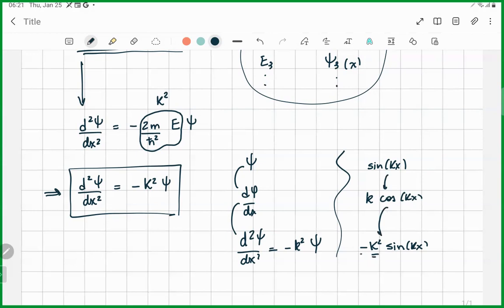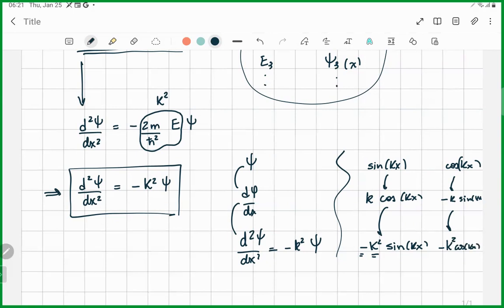Because it's a cosine derivative, I get the minus, so I recover minus k squared sine of kx. Another possibility could be cosine of kx. If I do the first derivative, I get minus k sine of kx. And then the second derivative, minus k again, k squared, and back to the cosine.